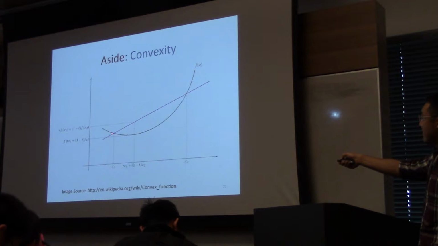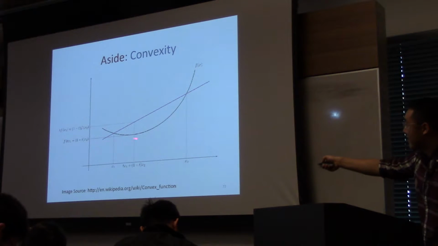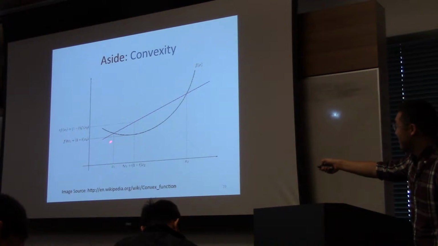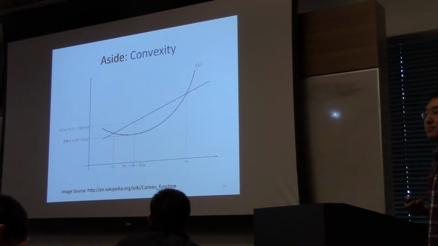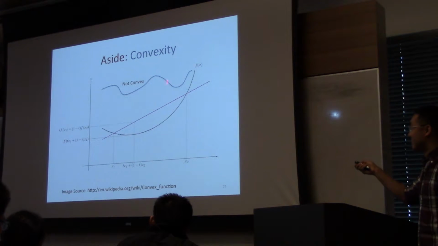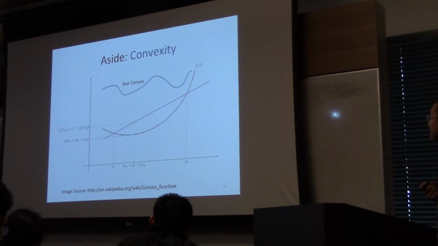So I could always pick any 2 points x1 and x2 and draw a line between them, and the actual function between those two points is always below the line between those 2 points. That's the definition of a convex function. Right, so this function is not convex. In fact, it looks like my chicken scratch.